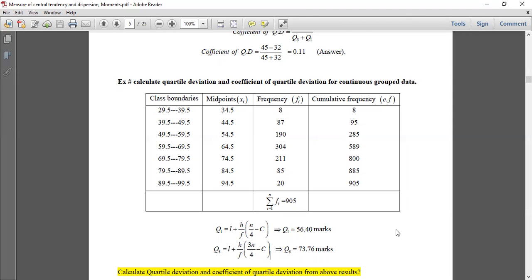So what is the value of f? We can see 1, 2, 3, 4, 5, 6, 7. 7 data are there, so f will be 7.